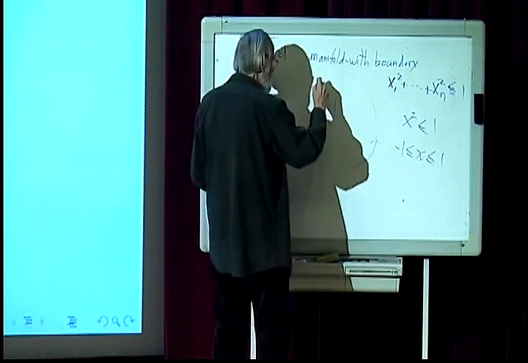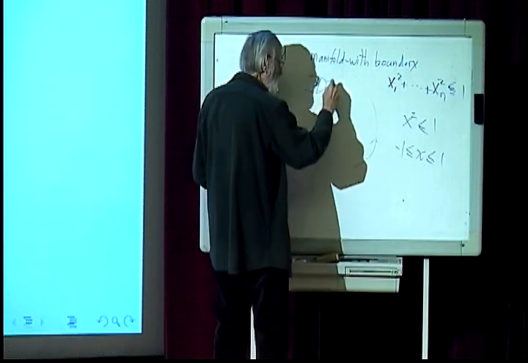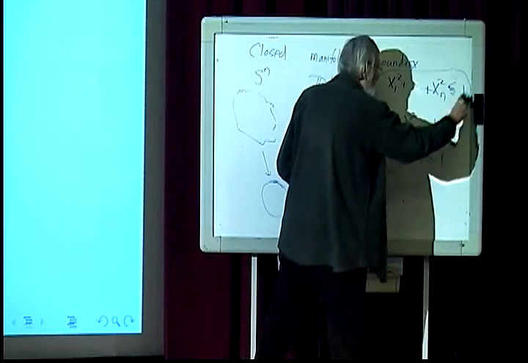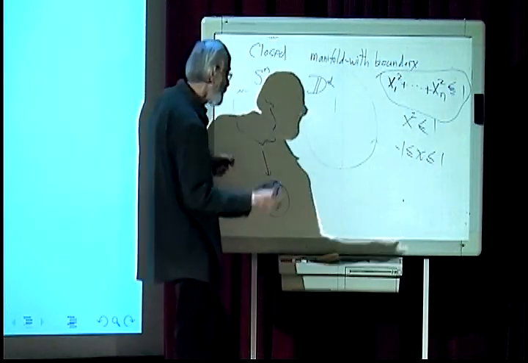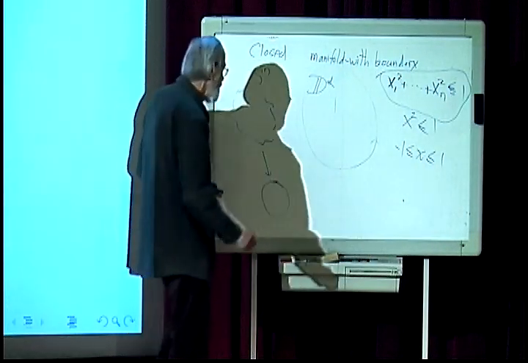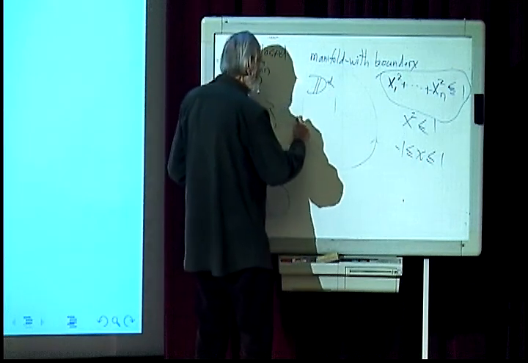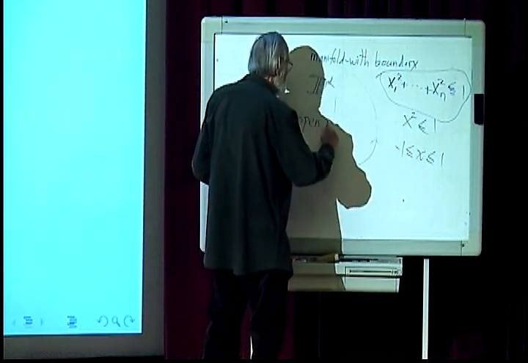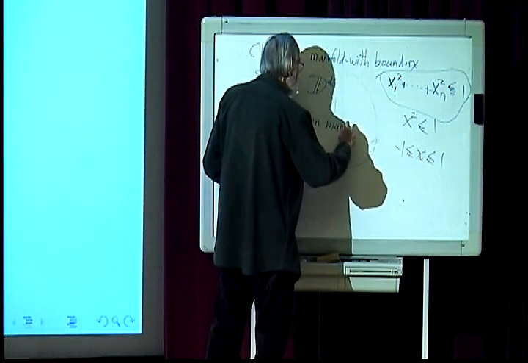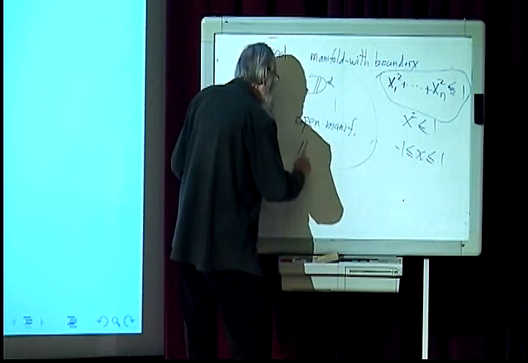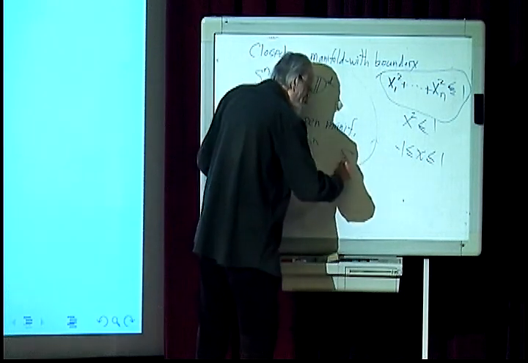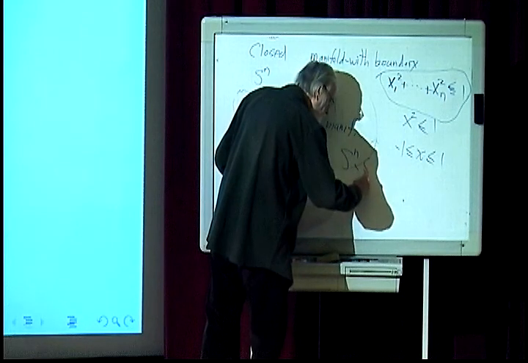The standard example would be a disk, given by this equation, where the boundary is a sphere. And the third class of manifolds I'm talking about are open manifolds. Examples would be Euclidean space or the sphere with a point removed.